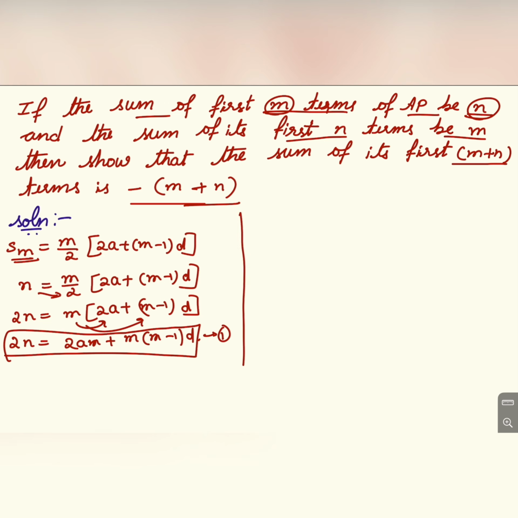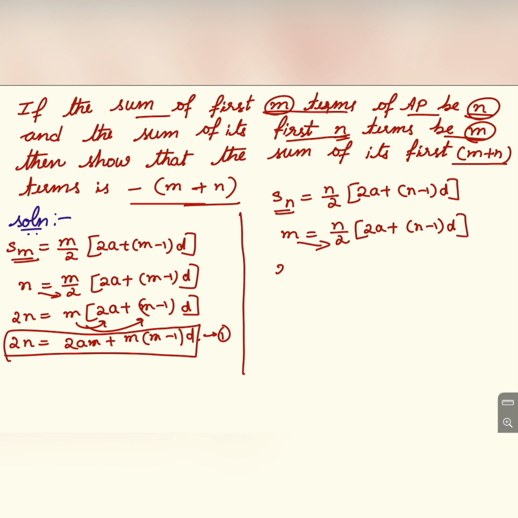Now let us go for the next one, that is the sum of first n terms. Sn is equal to n by 2 into 2a plus n minus 1 into d, and Sn is equal to m. So m is equal to n by 2 into 2a plus n minus 1 into d.